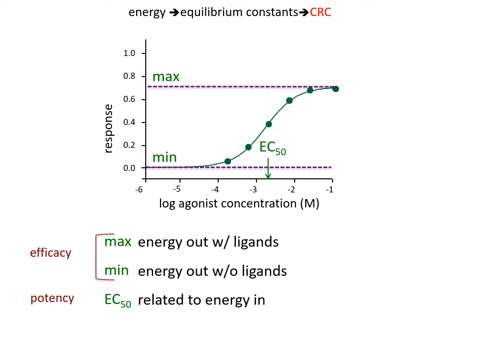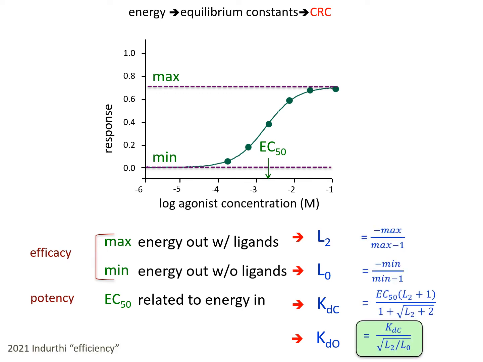These 3 parameters can be used to calculate the 4 equilibrium constants of the cycle as follows. The L2, the gating equilibrium constant for a fully liganded receptor, is only a function of the maximum.